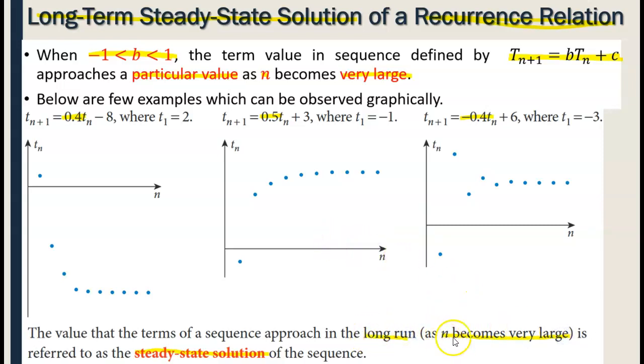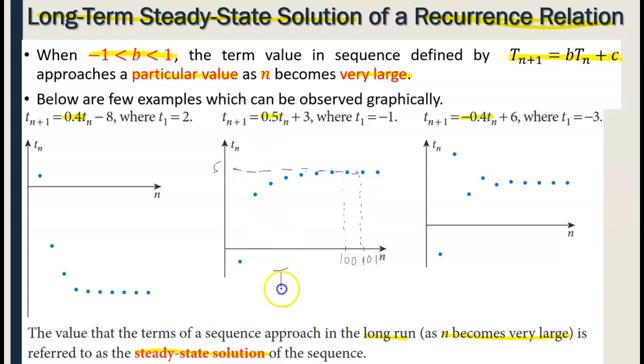Now let's look at the scenario where n is very large. Let's say n is 100. The value is probably approaching, let's say, 5. When it becomes 101, what will the value be? Again, it will be about the same value.